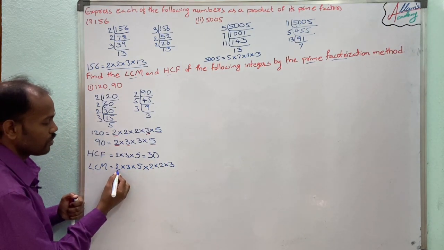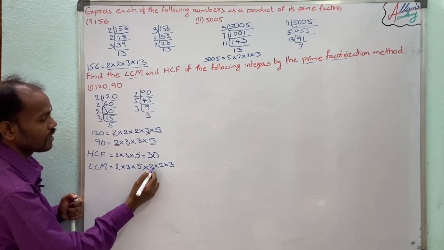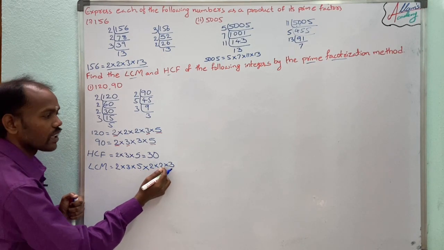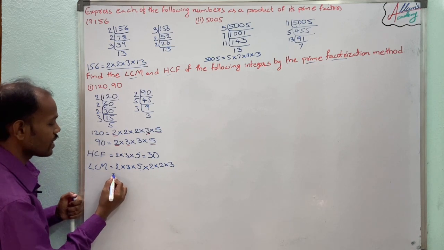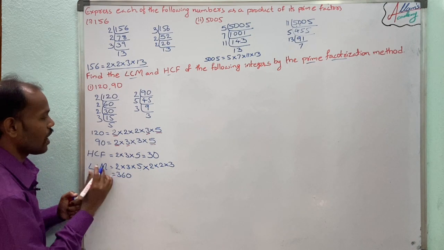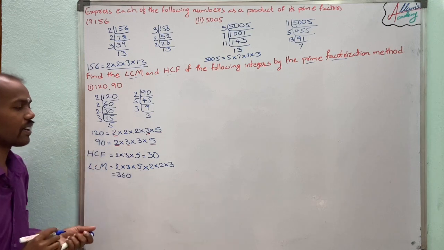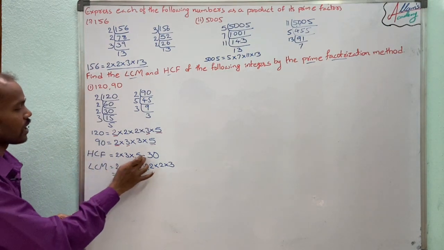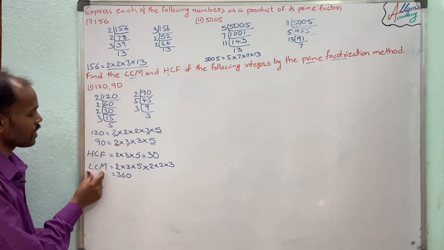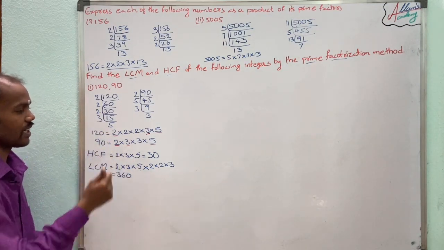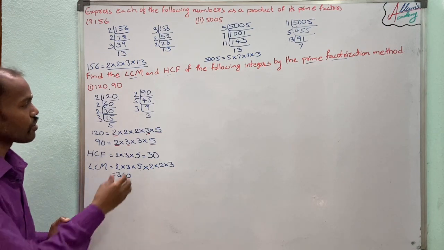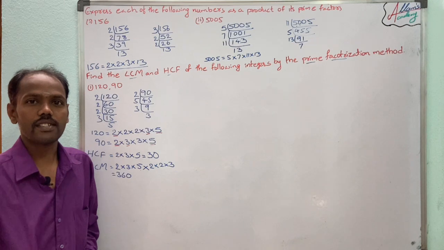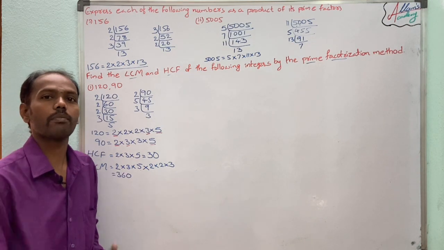So up to here the product we know is 30, 2 30s are 60, 2 60s are 120, 3 120s are 360. So LCM of the given numbers 120 and 90 is 360. So HCF of the given numbers is 30, LCM of 120 and 90 is 360. In this manner we will find the LCM and HCF of the given numbers for some problems.